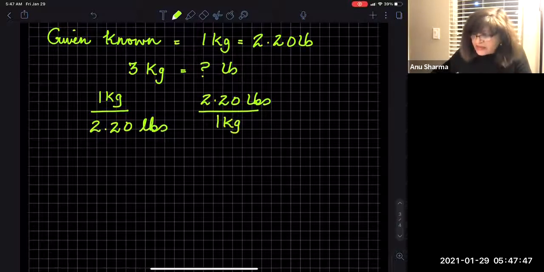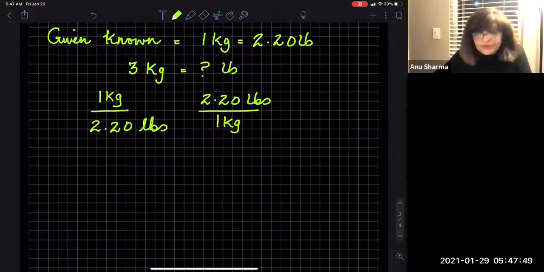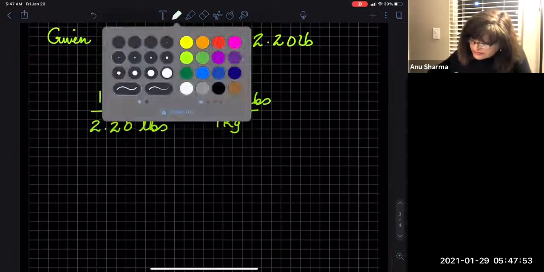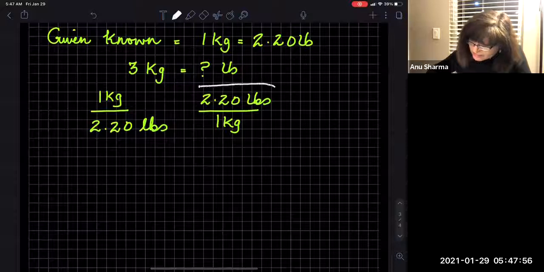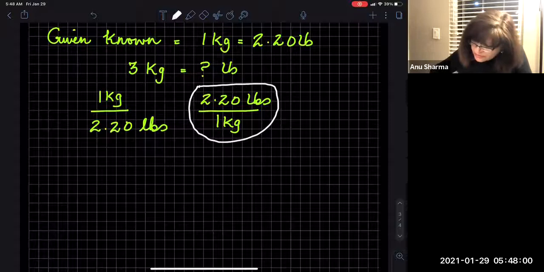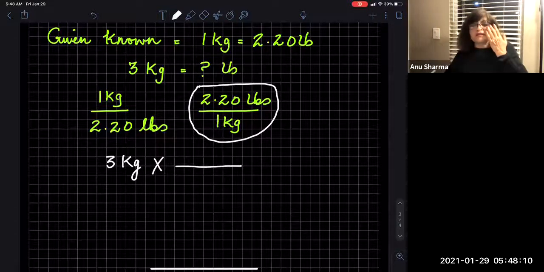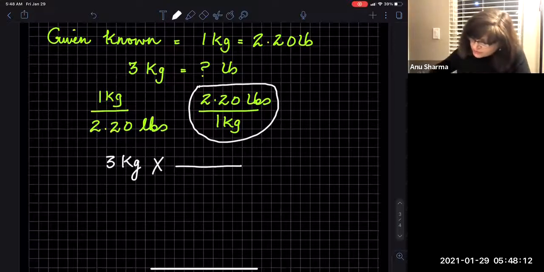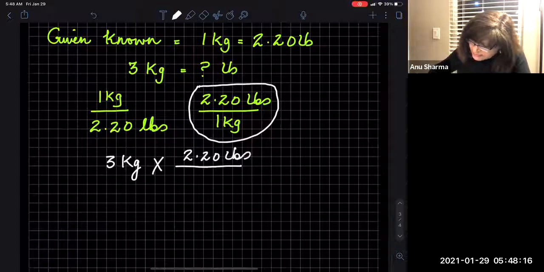Now, which one are we going to use? We need the pounds. So we are going to use this one, because pounds have to be in the numerator and kilograms need to be canceled out. So next we write 3 kilograms, which is given to us. Here's your 2.20 pounds, because that's the unit you need, and you want to get rid of kilograms.